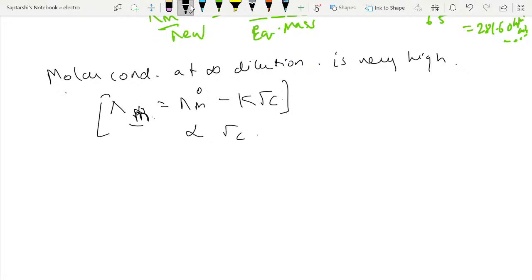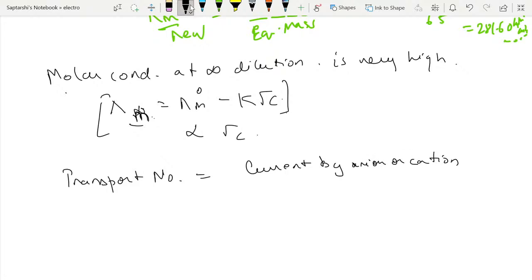Okay. So now the transport number. As you know, transport number is equal to the current carried by the anion or cation divided by the total current.